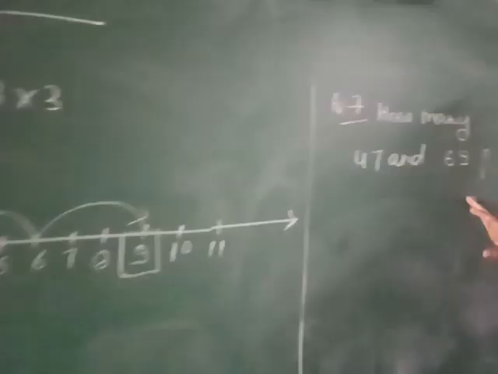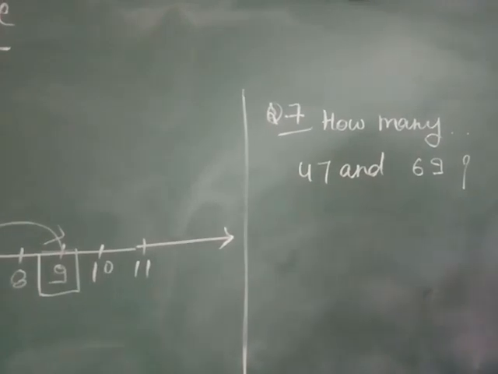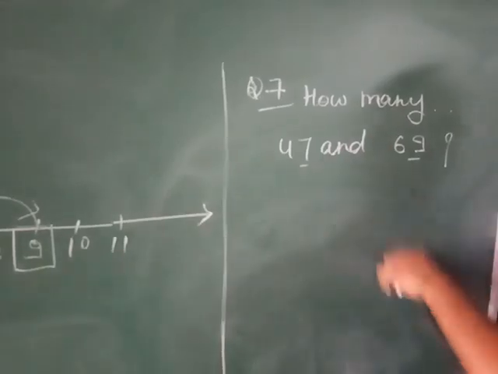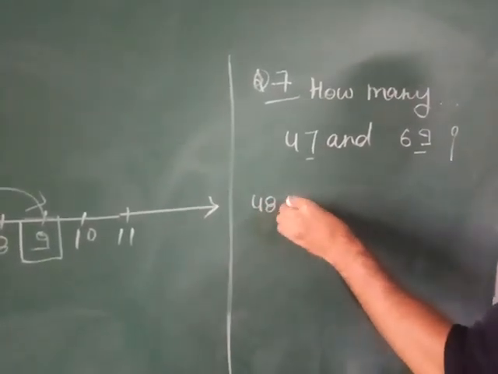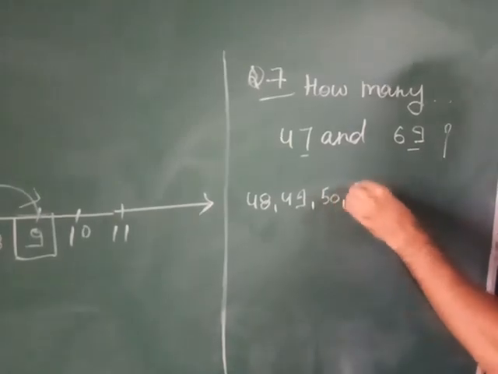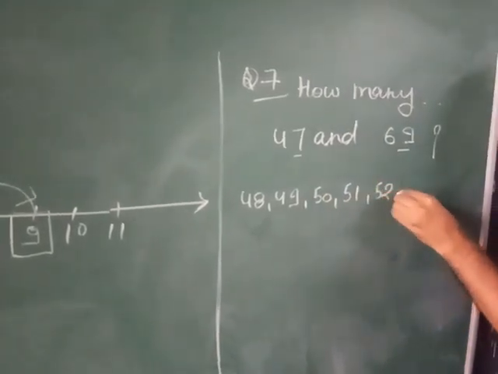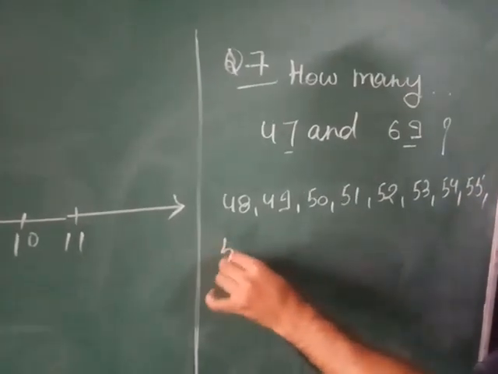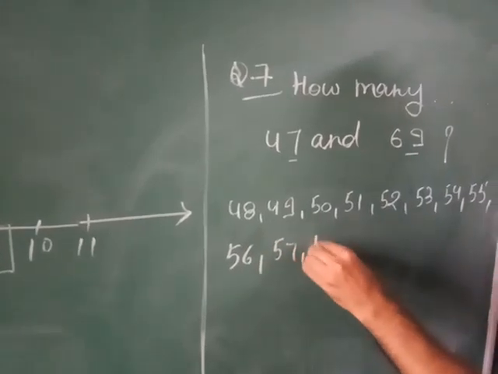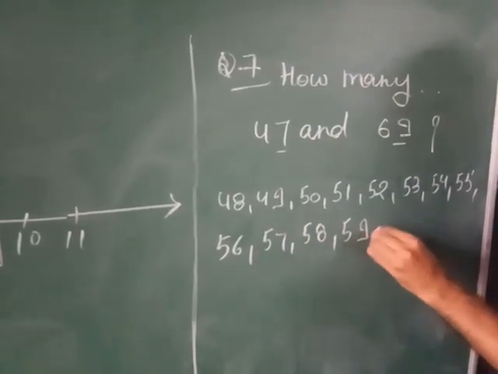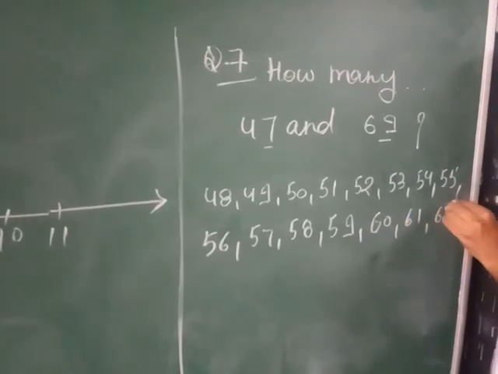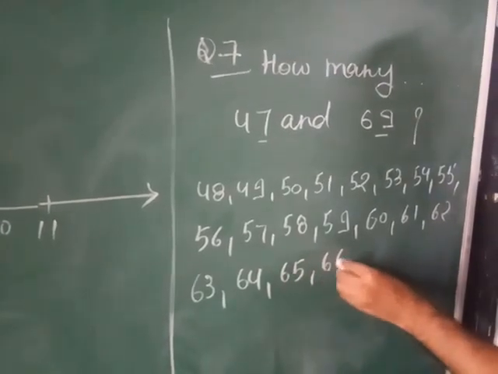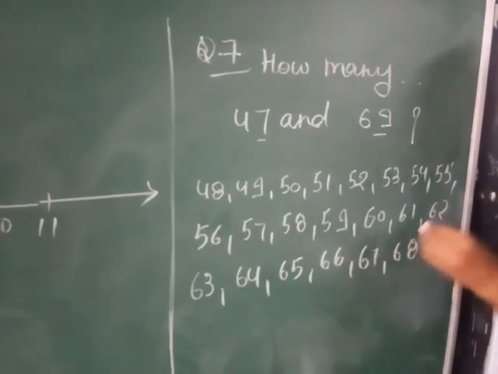Question number 7. We have to tell how many whole numbers are there between 47 and 69. We have to count the numbers. After 47: 48, 49, 50, 51, 52, 53, 54, 55, 56, 57, 58, 59, 60, 61, 62, 63, 64, 65, 66, 67, 68.